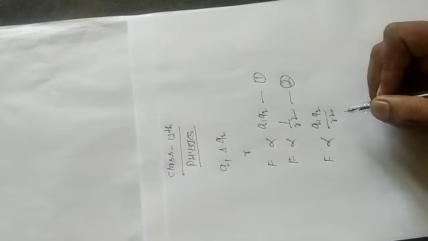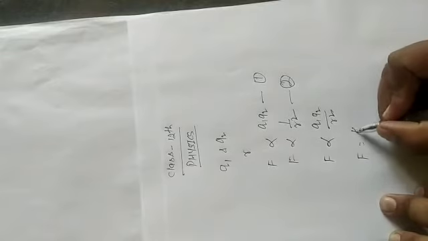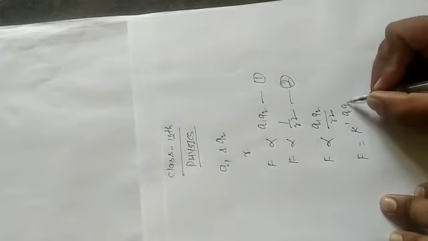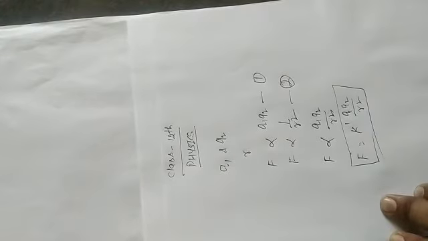As you studied earlier in class 11, to remove a proportionality sign we have to apply a constant. So now we say F equal to K dash Q1 Q2 upon R square.